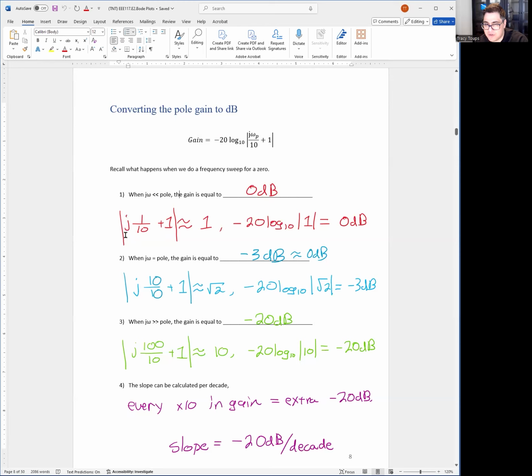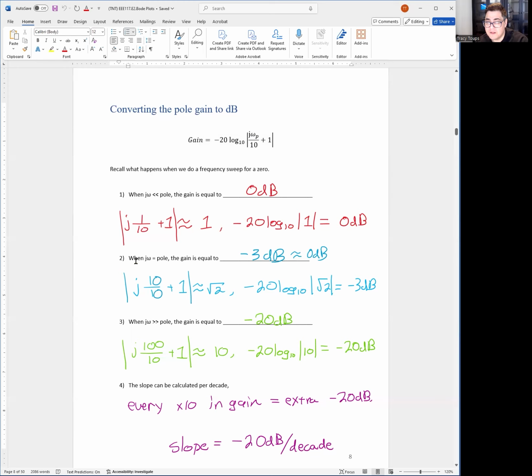The magnitude of jω, which is 1, divided by 10, so you have j0.1 plus 1. If you crunch out any number, it's going to be almost equal to 1. It's going to be like 1.01, pretty much 1. And you take negative 20 log, doesn't matter. Anytime you take a log base 10 of 1, it's always going to be 0. So when you have a very low frequency below your pole number, you're going to have a gain of 0 dB, which does nothing.